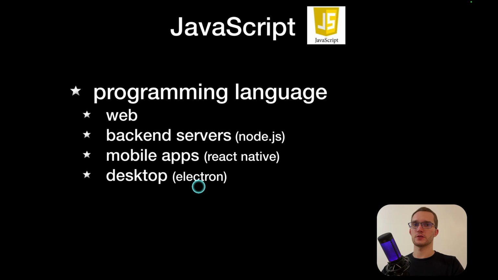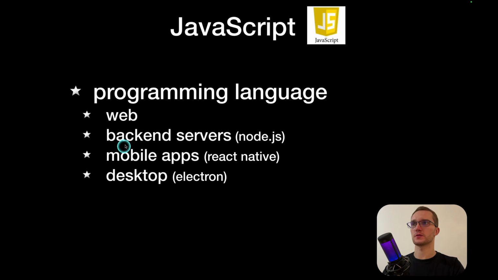I'm sure you already heard about JavaScript. It's like everywhere, but it's widely used and was created for the web, for running web pages in the browser, for interacting with HTML and CSS in the browser. So yeah, I just wanted to tell you that JavaScript is not only for web development anymore.